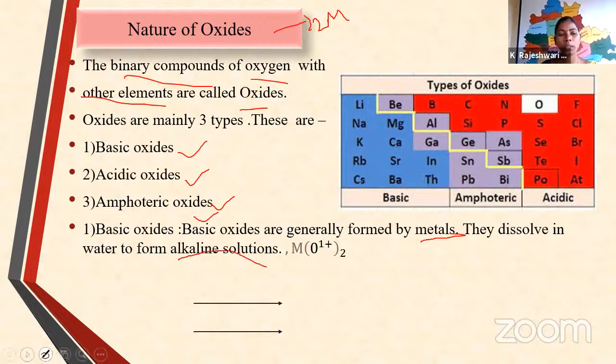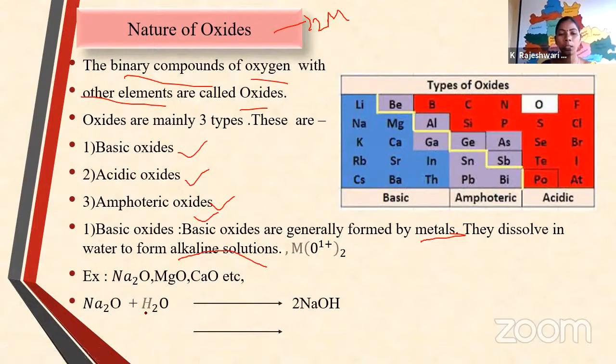Okay, so how? Let us see here. If you take Na2O and react it with H2O, we'll get 2NaOH. So here NaOH is a base. Already we know, in your 10th class, you may have studied NaOH, KOH, and Ca(OH)2.